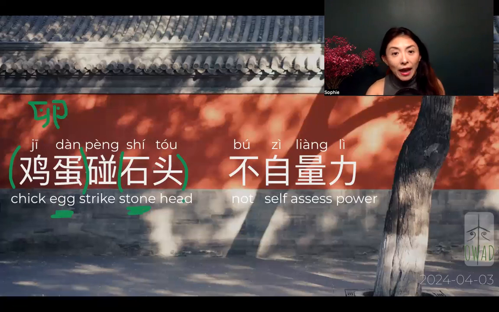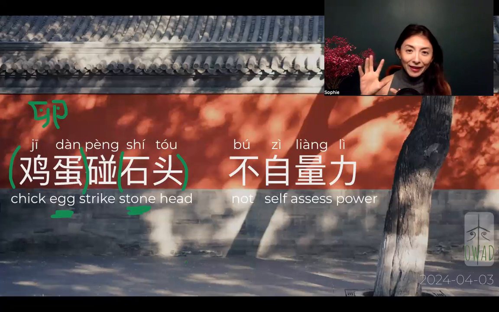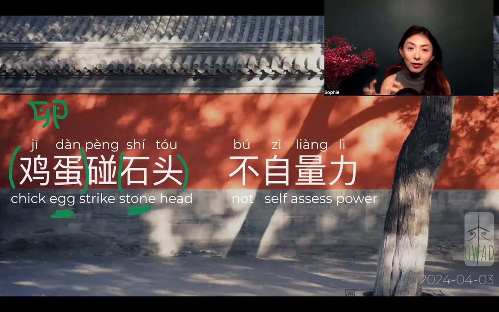So 石头, we add the 头, probably because the shape of a stone is most likely a spherical object, a kind of similar shape to a human's head. So we use 石头 added together to give you more information.